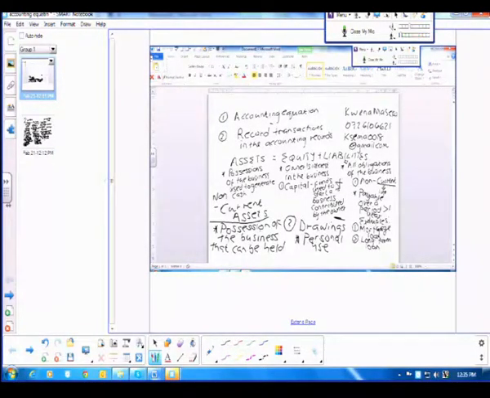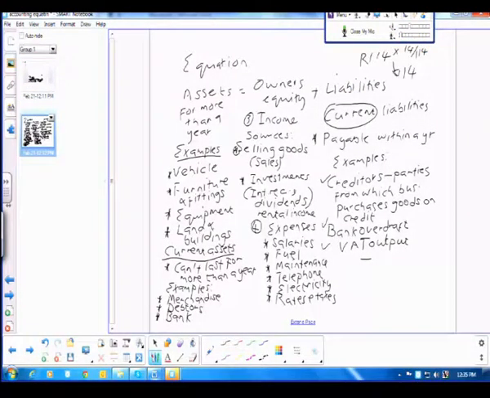All right. So let's go to the two other elements. When it comes to income, so it is coming into your business, it has a positive impact on equity. And when it comes to expenses, something is going out of the business.